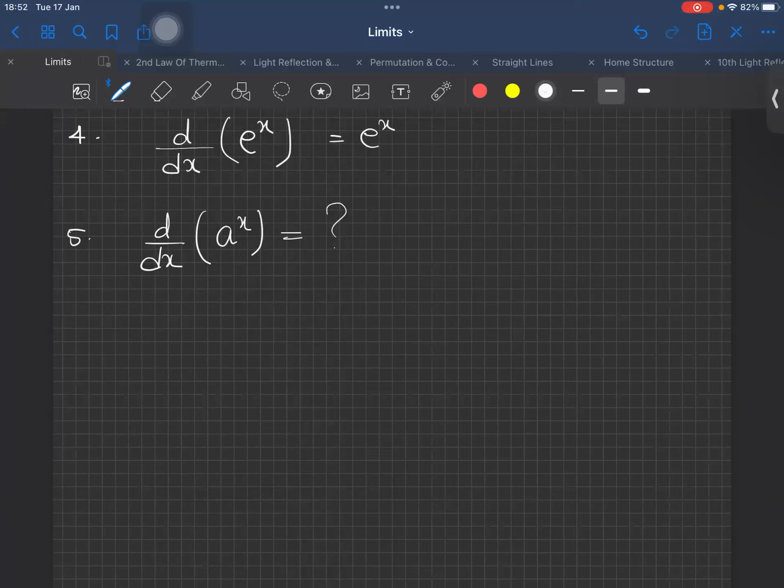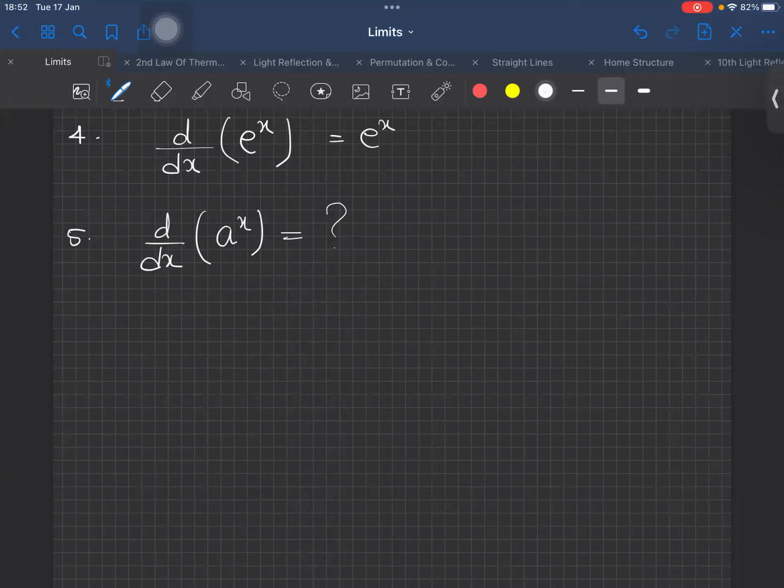What is it? Anyone? You have to use the property of logarithm. Can anyone tell me the answer?